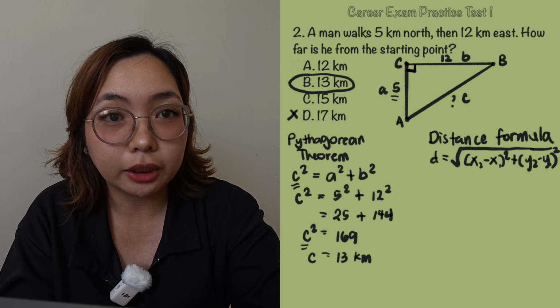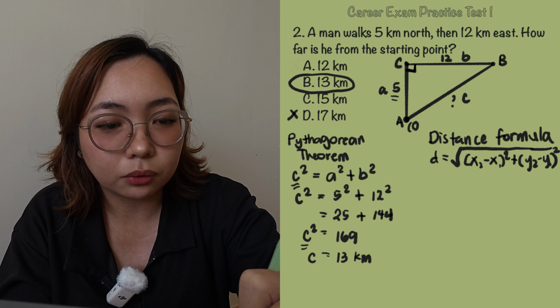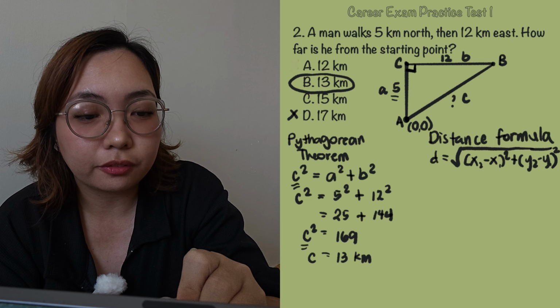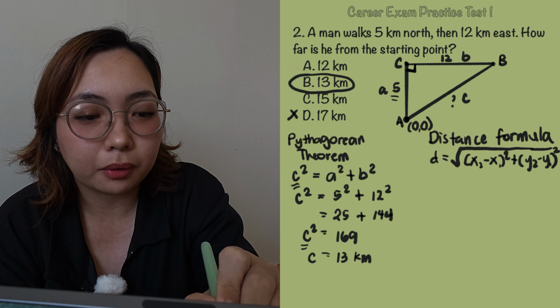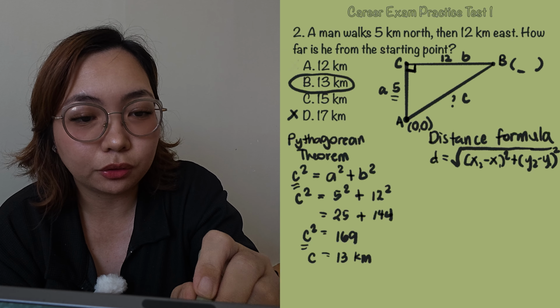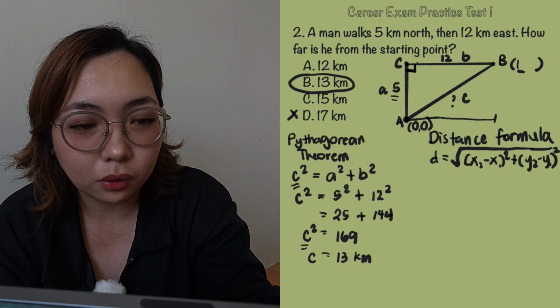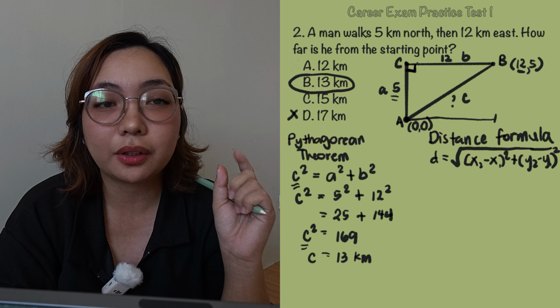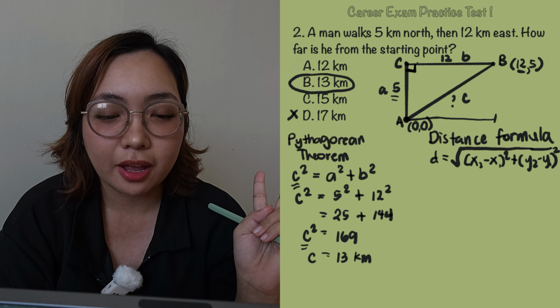Let's say that the starting point is 0, 0, or the origin. So the x here is the distance of the x-axis from the origin. That is equivalent to 12. The y coordinate is 5. Therefore, the two coordinates that we have now are 0, 0, and 12, 5.